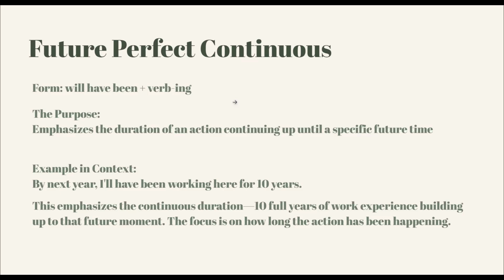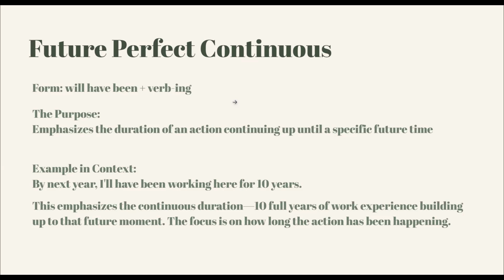Or we can give another example. Let's say they will have been studying since morning. Let's analyze this with the form, okay? We can clearly see the will have been plus the verb to study in the ing form.